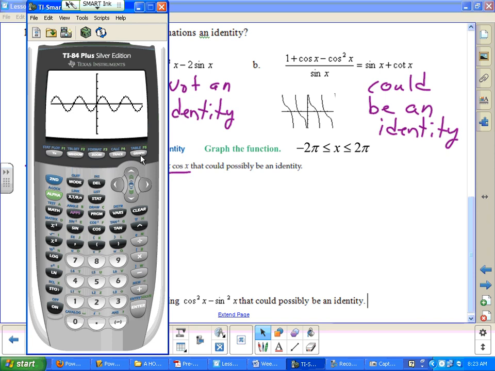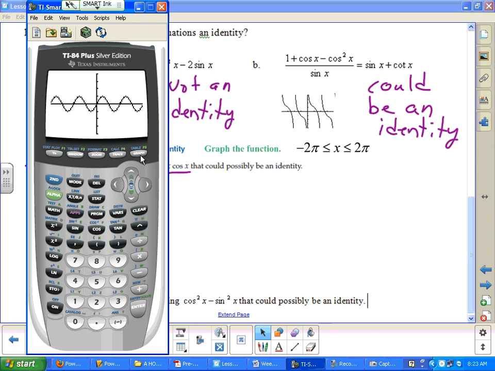So what does that graph look like? Does it look like cosine or does it look like sine? Does it go through the origin or is it at a max on the y-axis? Okay, this goes through the origin, right? So that means it would be sine, right? So what kind of sine would it be?